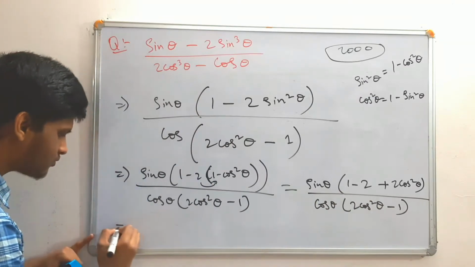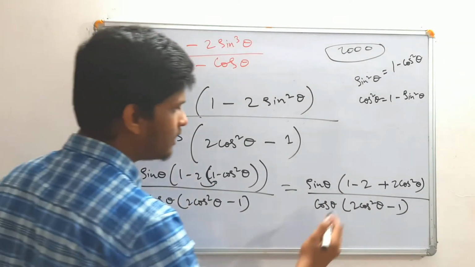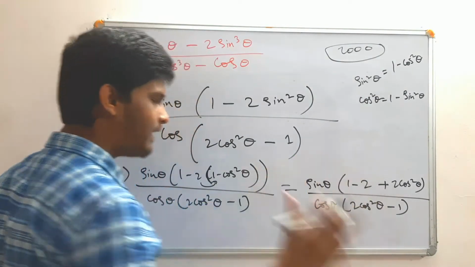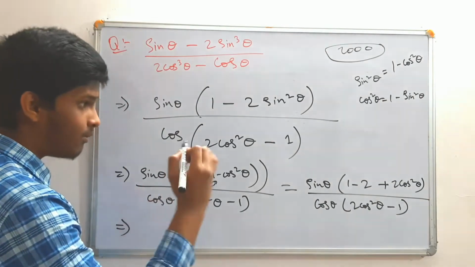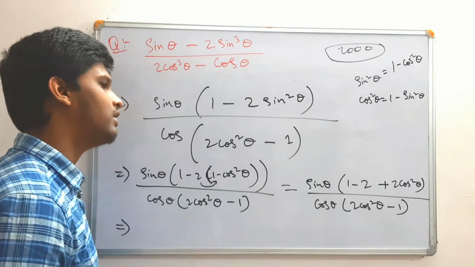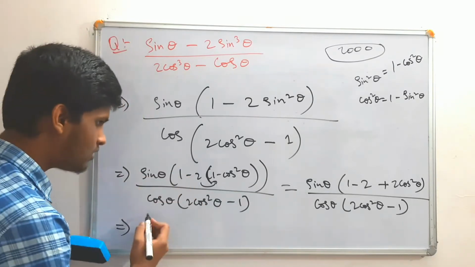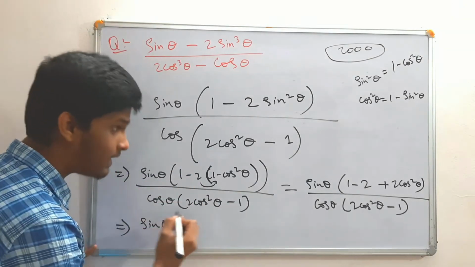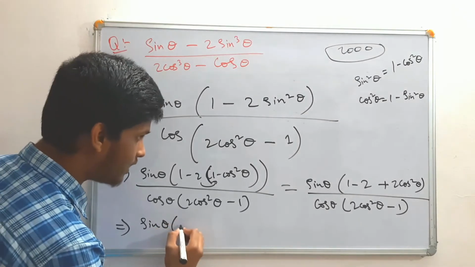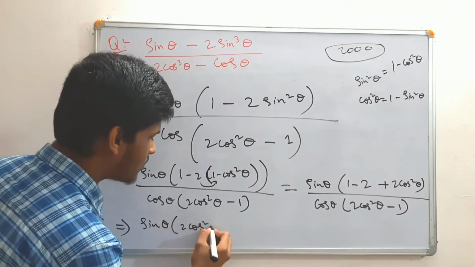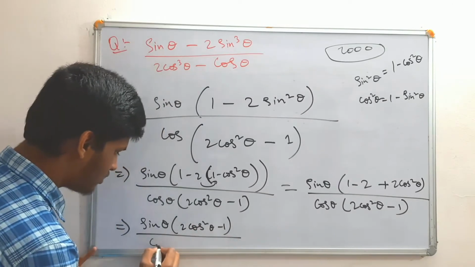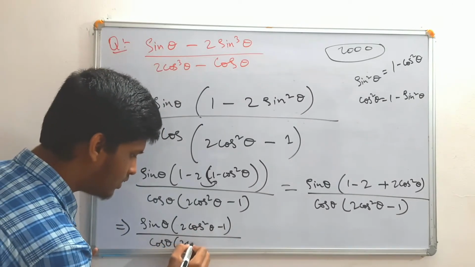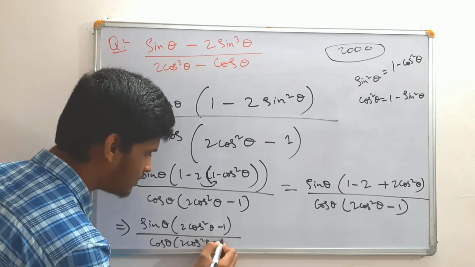So now what do we get? 1 minus 2 is minus 1. So minus 1 plus 2 cos square theta, which we can write as 2 cos square theta minus 1. So it is sin theta times (2 cos square theta minus 1) divided by cos theta times (2 cos square theta minus 1).